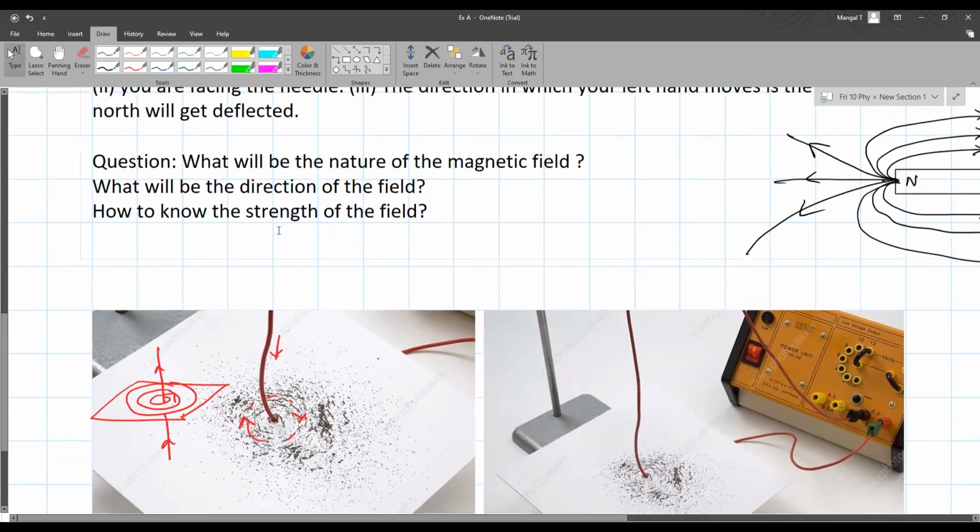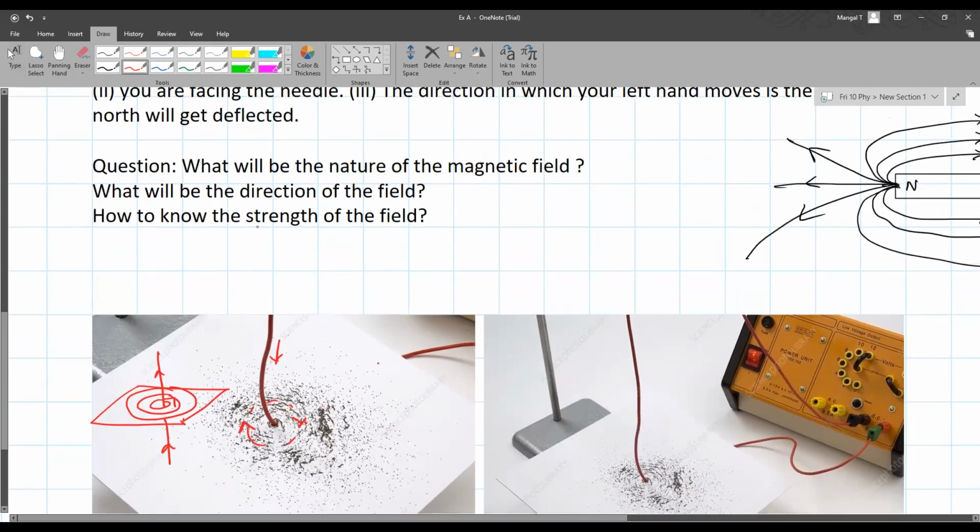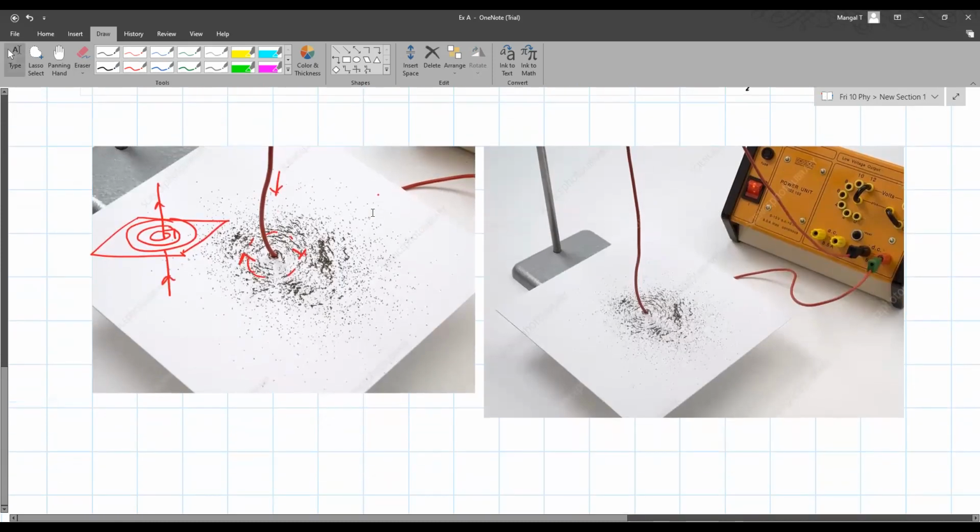We had a question over here, how to know the strength of the magnetic field. That was the third part of the question. It is noticed that if you allow more current to flow, then it will create a stronger magnetic field. Now, how do we know that the magnetic field is stronger?